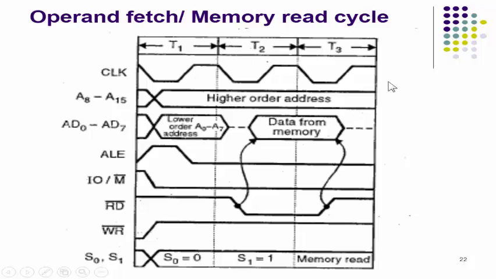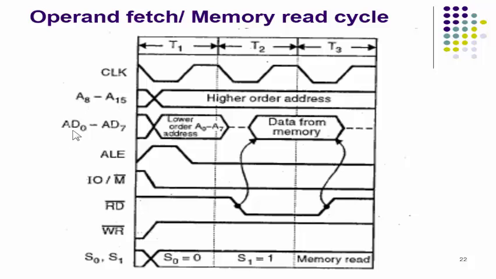Always remember, 8085 fetches the lower byte first, that is 00, and then the higher byte, that is C1. To store this instruction we require 3 memory locations: C000, C001 and C002.